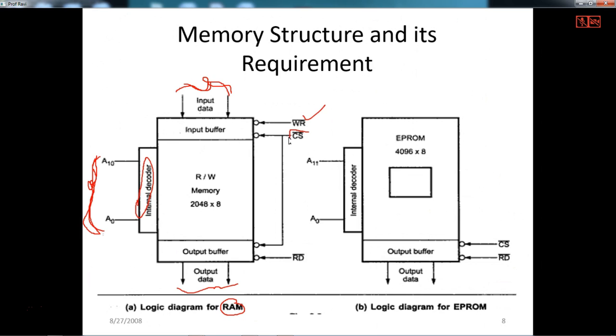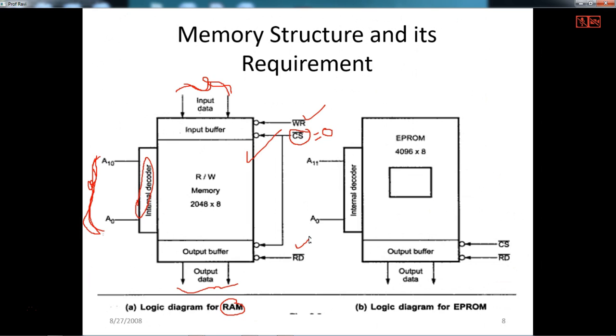Any memory should have the chip select pin. When this pin is connected to 0, the IC is selected. Only when the IC is selected can you do a memory read or memory write operation, depending on the internal decoder.